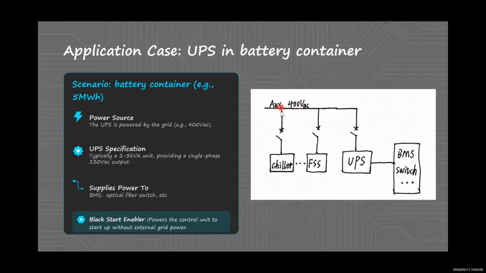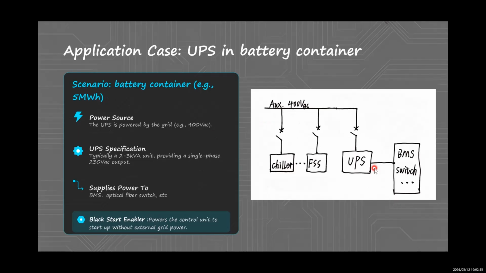It will provide power to the chillers, cooling units, and fire suppression systems, and also to the UPS, and then the UPS will provide clean power to the critical load, for example BMS, network switch, and some important components in battery containers.